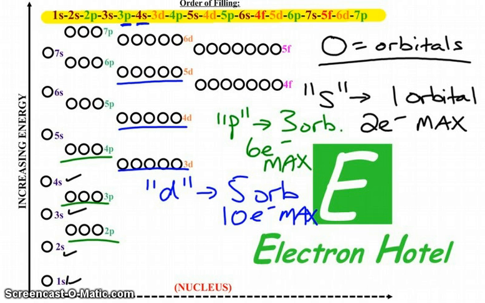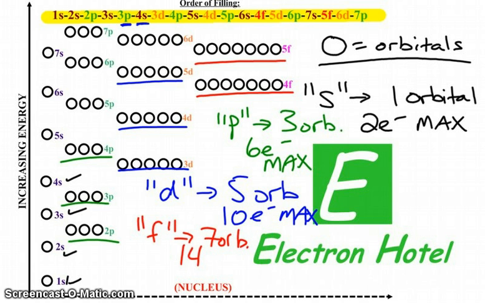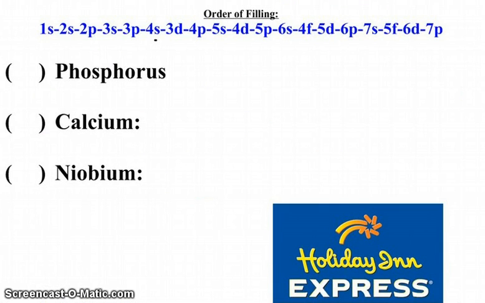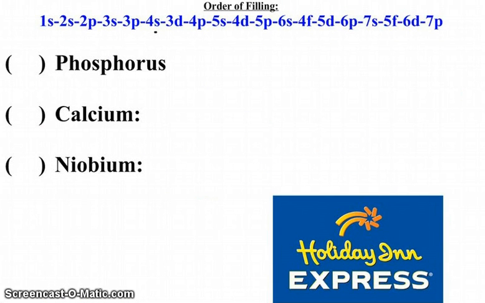And that leaves F sublevels, where there are 7 orbitals, 14 electrons maximum. You need to know those numbers. S has a 2 electron maximum, P has a 6, D has a 10, and F has a 14. So knowing that, and knowing our order of filling, we can easily do an electron configuration.